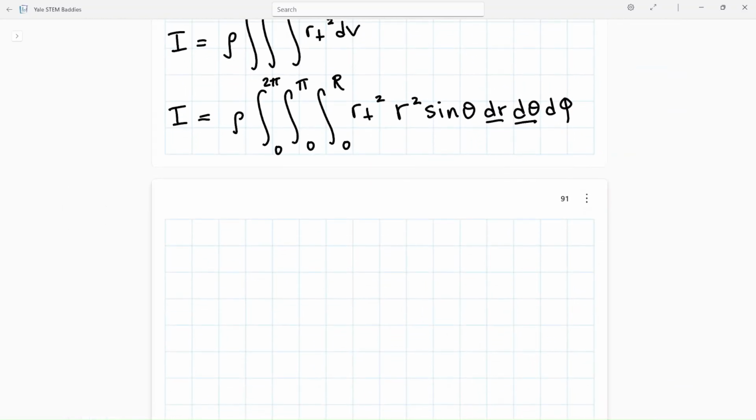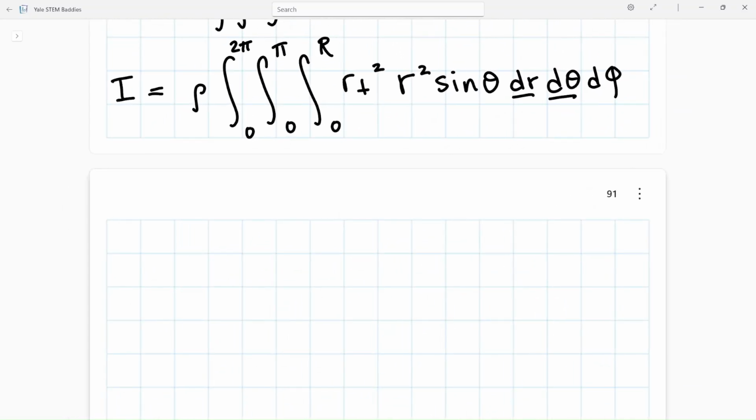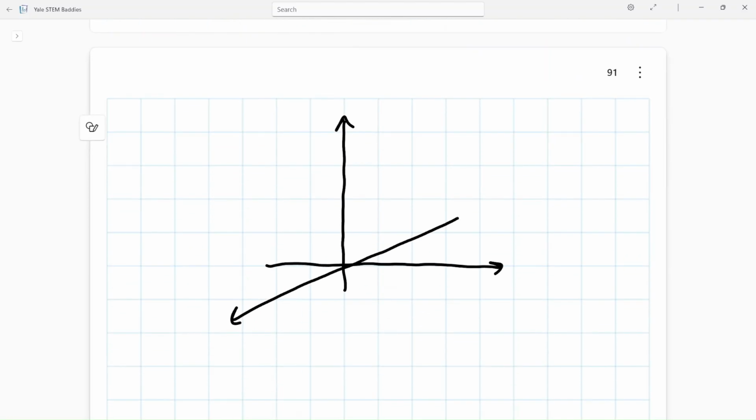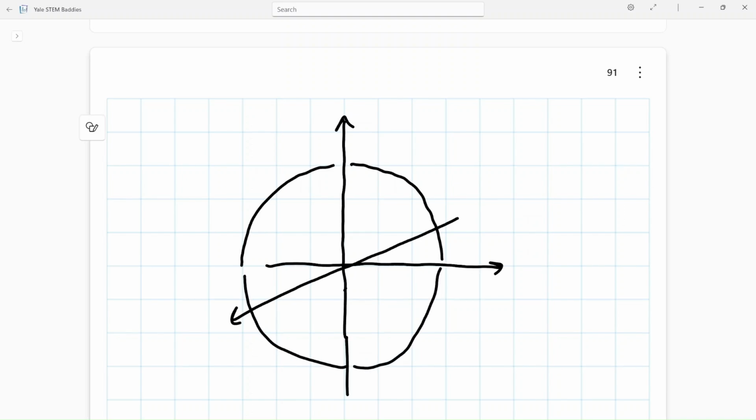Okay, perfect. And then how can we represent r perpendicular? What is that in terms of our spherical coordinates? Well, we have some sphere here. I'm going to just redraw it because our initial diagram is getting cluttered. We have some sphere here, and we have some little mass up here.